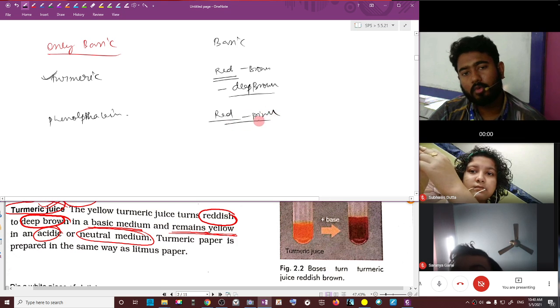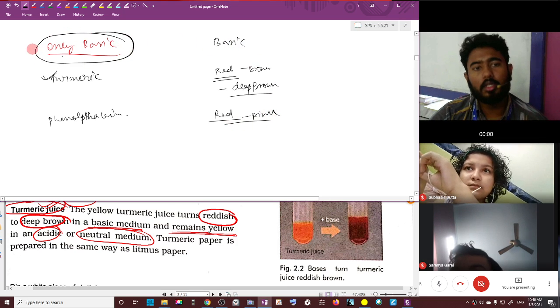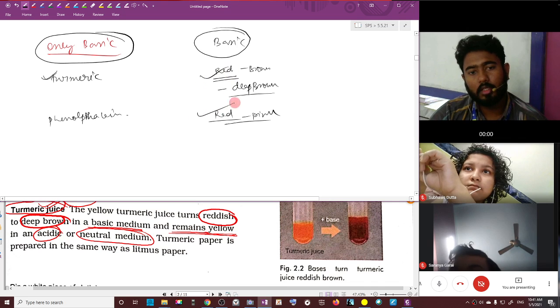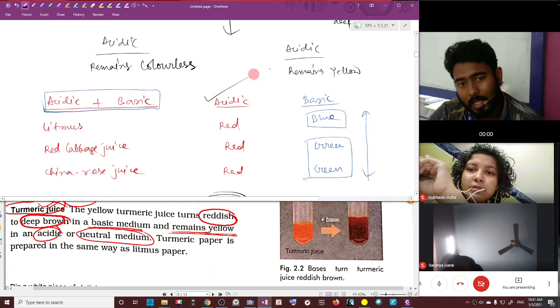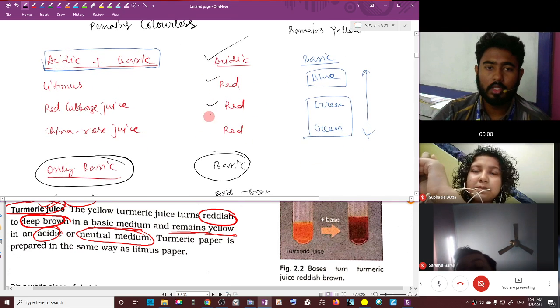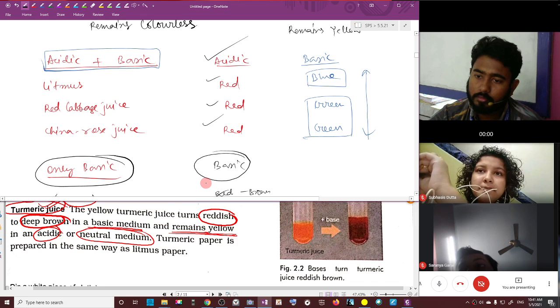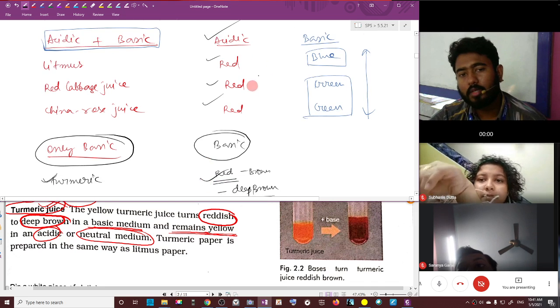So what we get from here is that for only basic indicators, the color will be near red, and for both-type indicators in acidic medium, the color will be near red. Is that clear? It will be easier for you to remember.